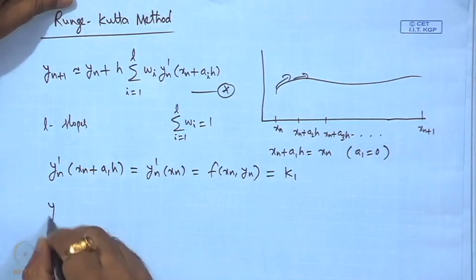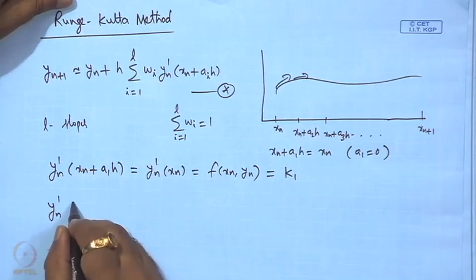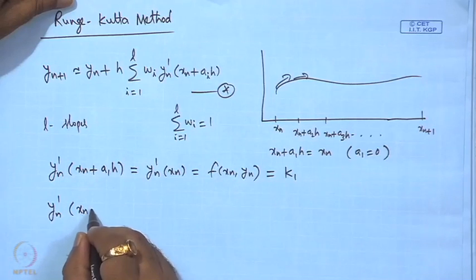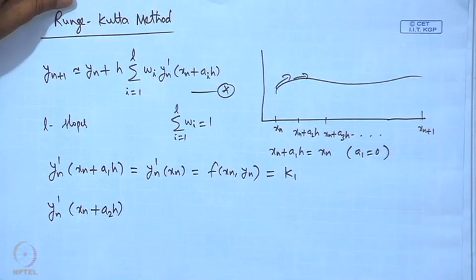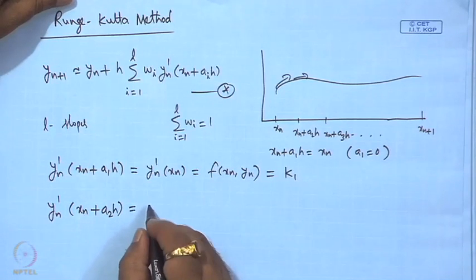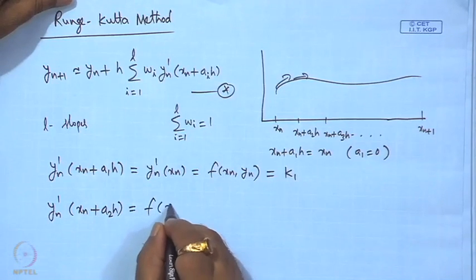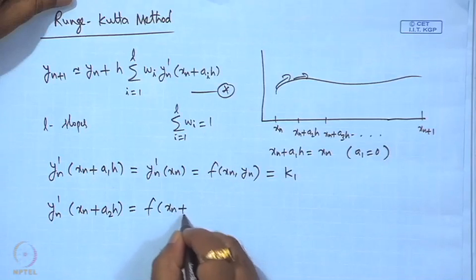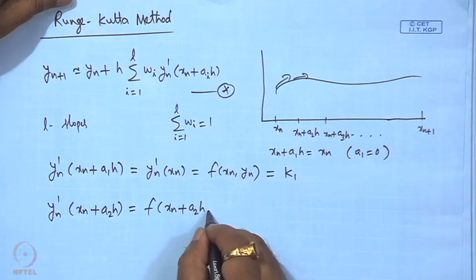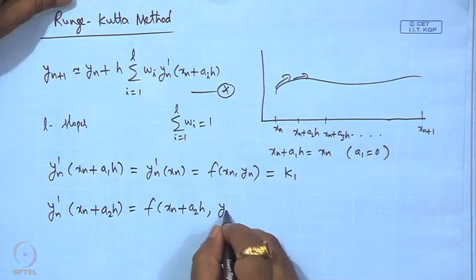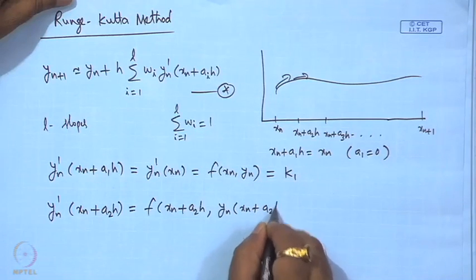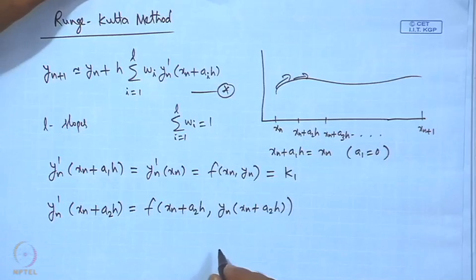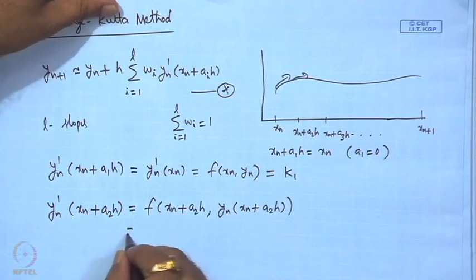The next entry is f of x n plus a 2 h, y n of x n plus a 2 h, and we use Euler.